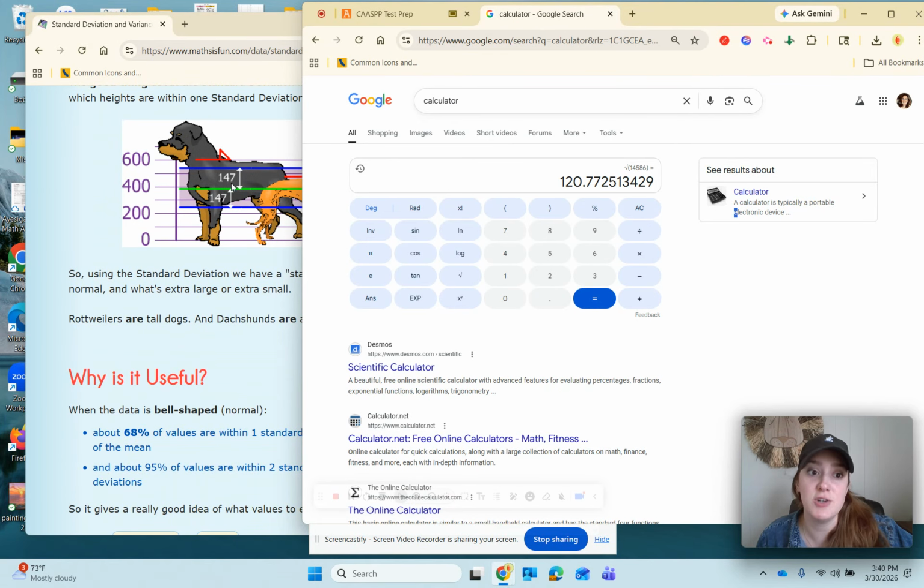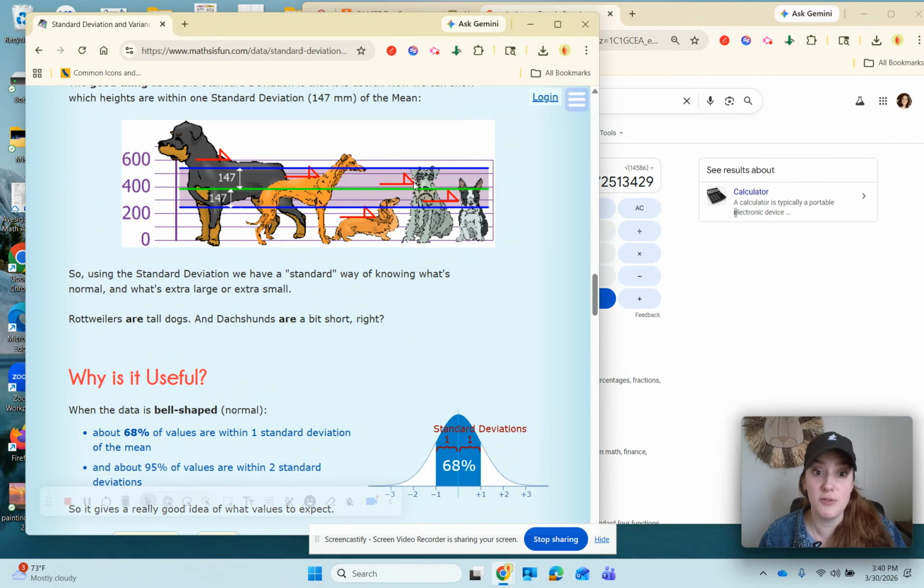Before, the standard deviation with the corgi, with that extreme outlier small value, was growing, because we're adding more range. We're adding a smaller value. So it expands the standard deviation. Instead of 147 millimeters in each direction, it would be just 120. That's like 27 less.